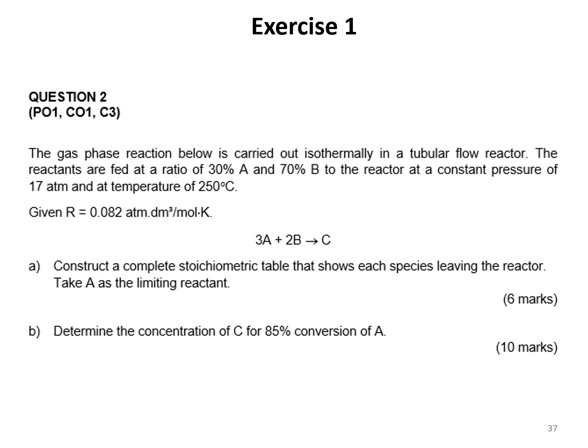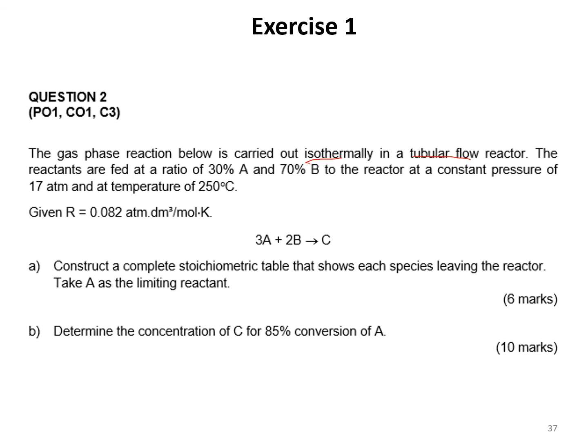So this question is about the gas phase reaction below, which is carried out isothermally in a tubular flow reactor. The reactor is fed at a ratio of 30% A and 70% B at a constant pressure of 17 atm and at a temperature of 250 degrees Celsius. So it is given, these are the equations.